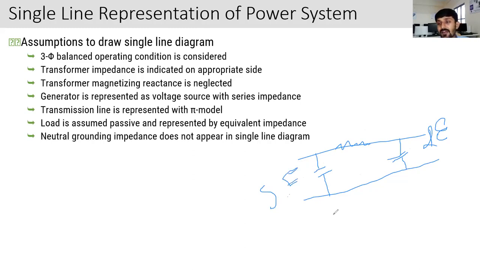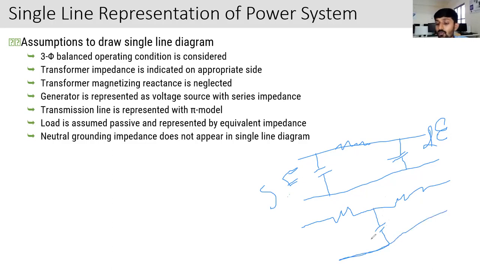Why do we not use the T model? What is the major difficulty in the T model? In the T model, the impedance is split in half on both sides, and the full capacitance is denoted in the middle of the transmission line.